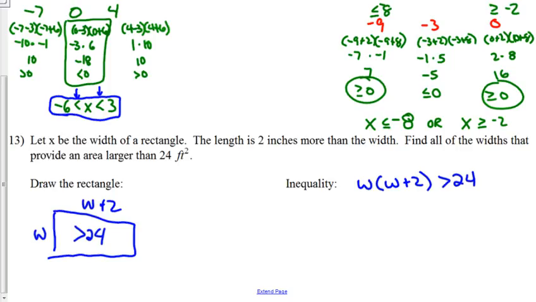Now this one's already factored, but we have that 24 on the other side, so we're going to have to unfactor it, or multiply it out. Then we're going to have to subtract 24 from both sides, and then refactor it so we can find these solutions.